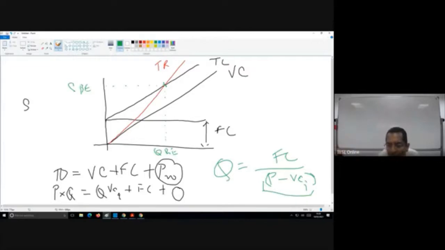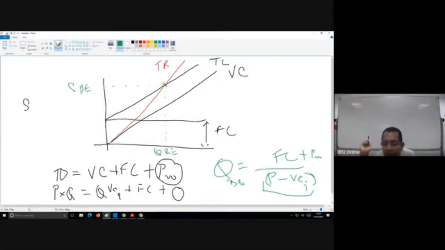This is the break-even quantity formula, right? Then whenever you get a question saying that we need to create a profit of 10,000, here you add the profit component also in this calculation.